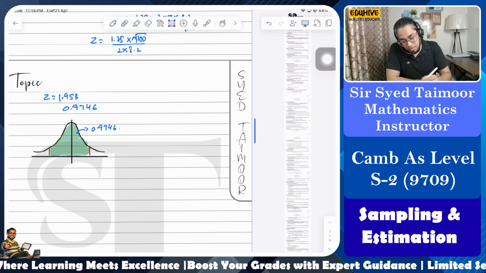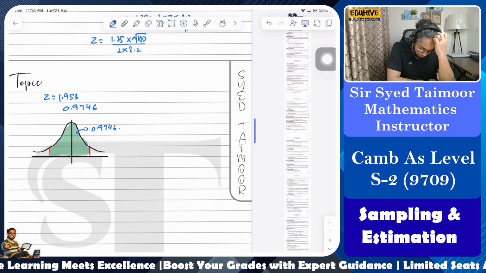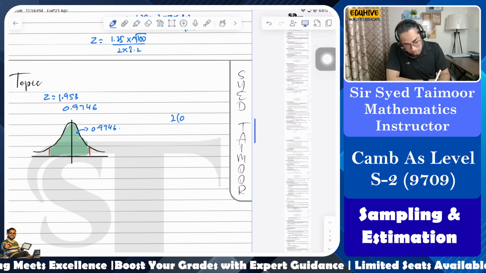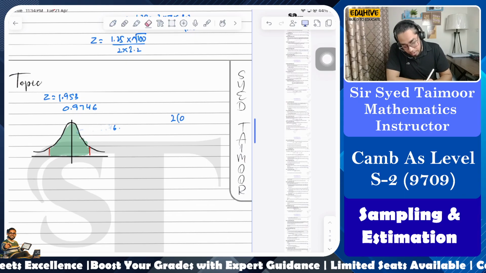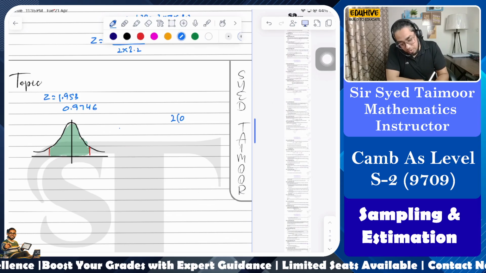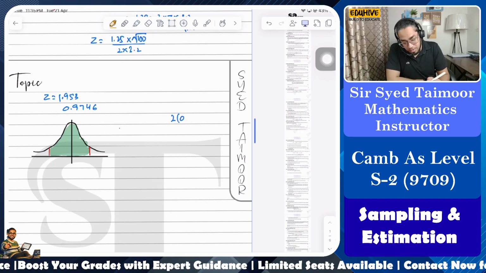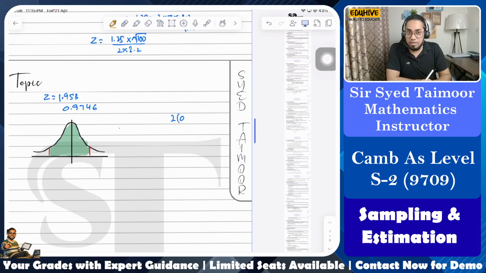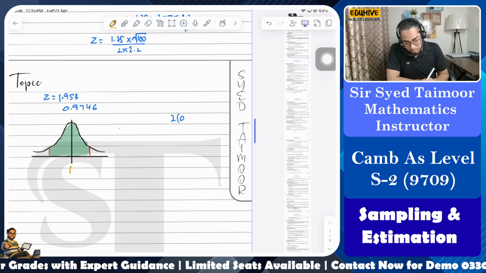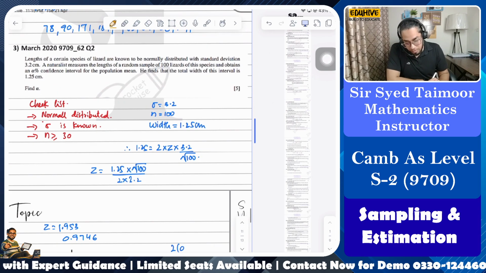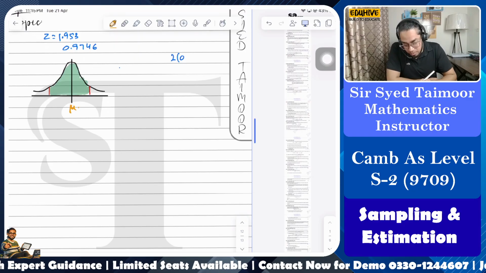0.9746. So 0.9746, when you multiply it by 2. Okay. Yeah, I got it. I got it. This portion, because they have seen the left side now, that is 1.953, isn't it? This will be the mean, no? That will be the mean, the central value.